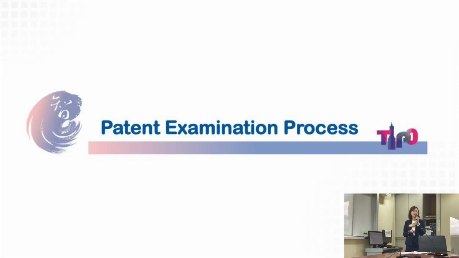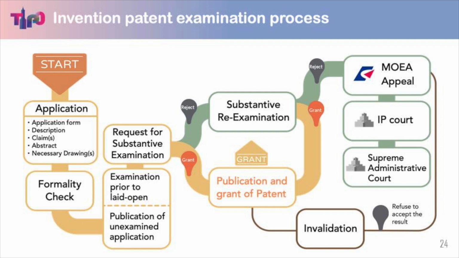In the following slide, I'm going to share with you the process of patent examination. For invention patent, after an application is submitted, we will check if all the required documents are correct and correctly filled in. If there's no problem, we will have it laid open to the public.